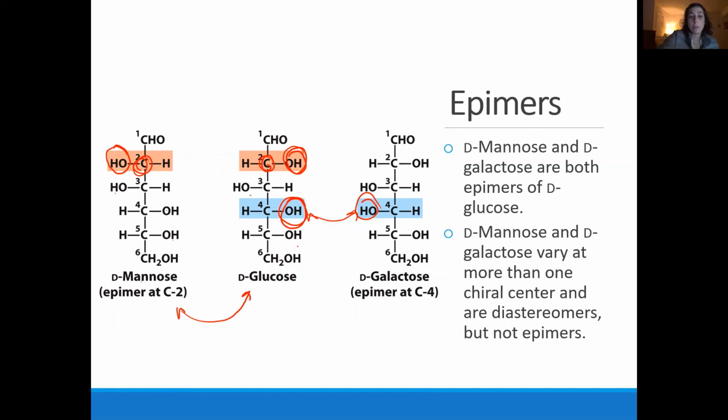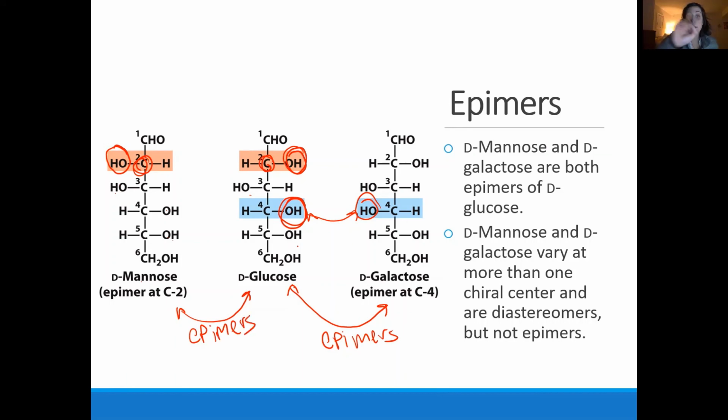So, for example, galactose and glucose are epimers of each other. There is only 1 difference between glucose and galactose. Mannose and glucose are epimers of each other.